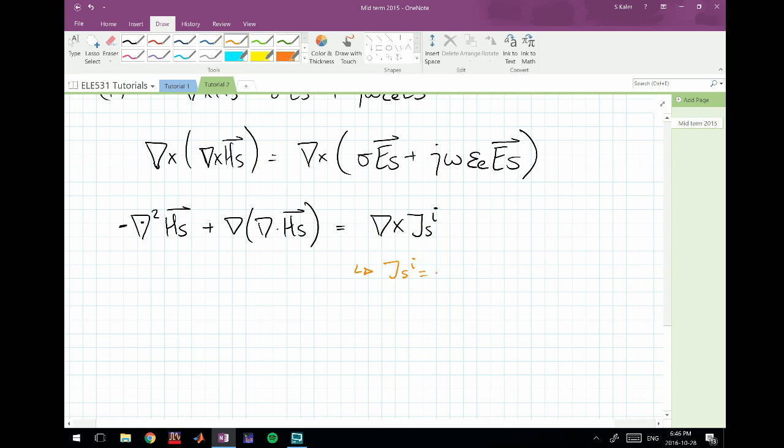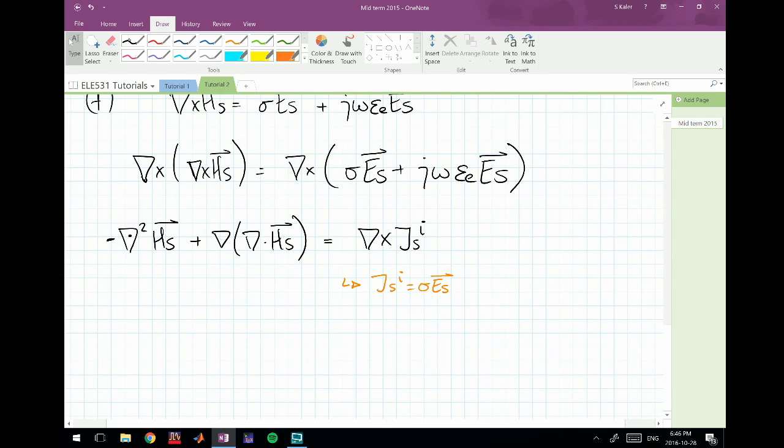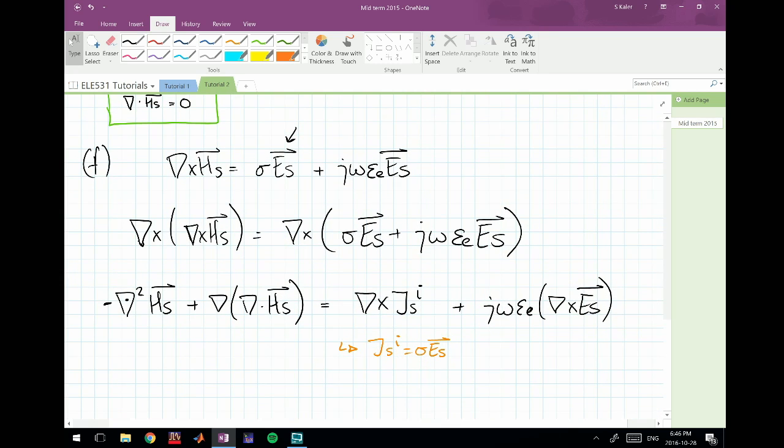JSI equals sigma ES. Or maybe he's considering it general, so he's calling it the general current. In any case, plus j omega epsilon E, and then this is the curl of ES. Literally all I've done is plug in JSI equals sigma E, which we know is true.